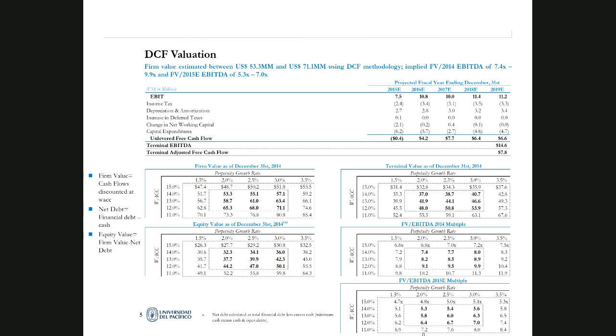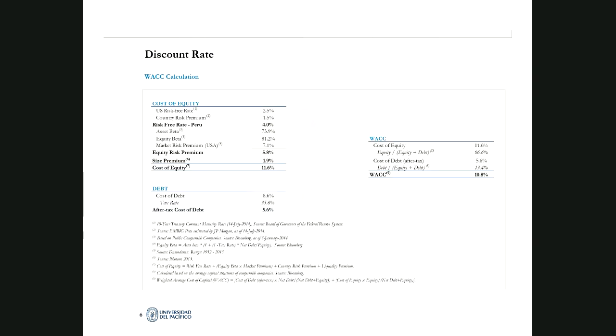So then, when we finalize this, obviously, to be able to do this DCF or discounted cash flow valuation, we need to use a WACC, which is calculated, as you know very well, based on cost of equity and cost of debt. The cost of equity, I have a detailed example of what was used at that time in the calculation.